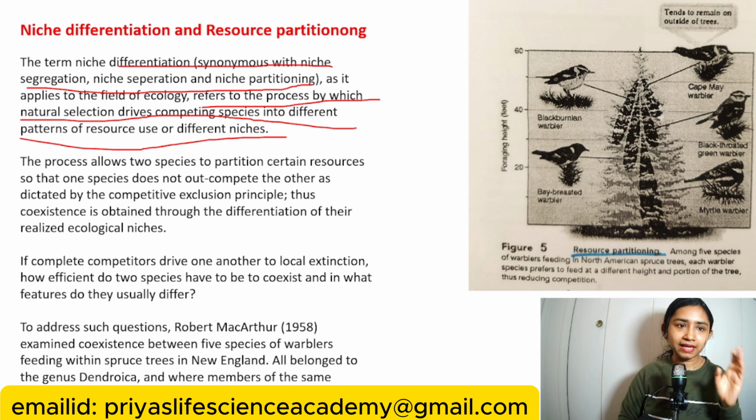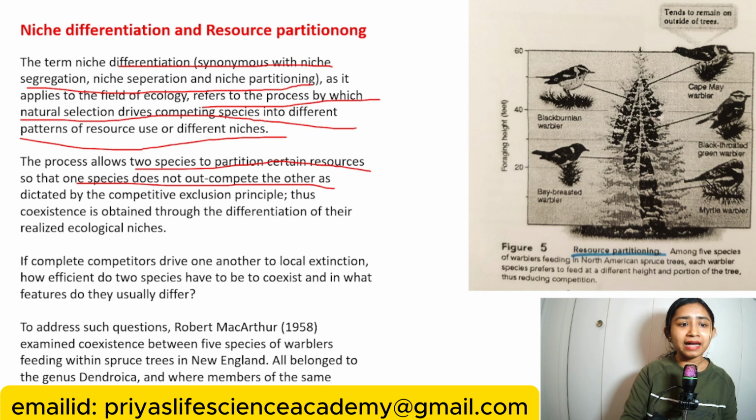Natural selection will shape the species in a way that helps them utilize different kinds of niche. The process allows two species to partition certain resources so that one species does not outcompete the other, as dictated by the competitive exclusion principle. We don't want extinction.